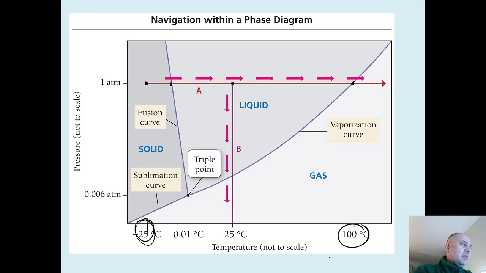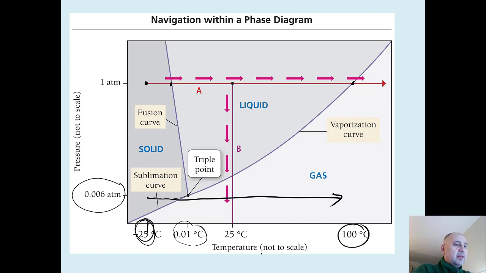You can also do this at a different pressure, like at 0.006 atm. If you start at that same temperature of negative 25, you are actually going to go through the triple point. That's what the triple point is, at 0.01. But let's just use this as an example. You're going to completely skip the liquid. You will go straight from solid to gas, and that's called sublimation, at 0.06 atm.